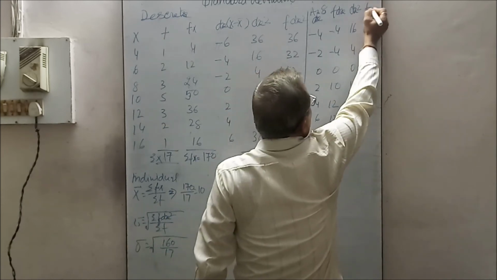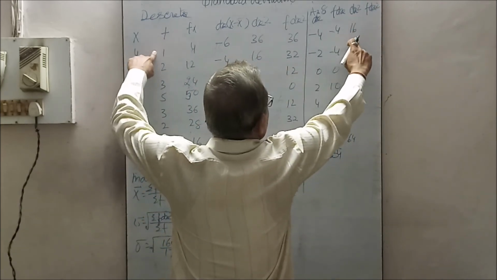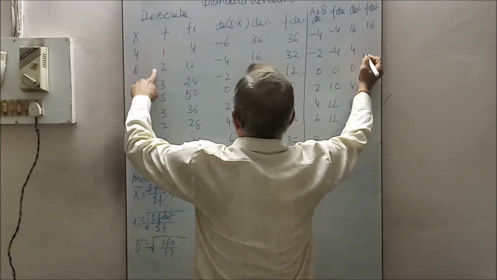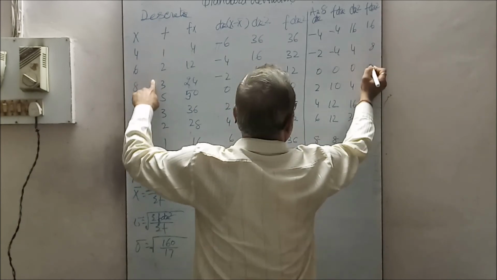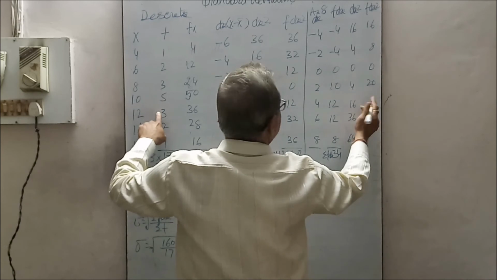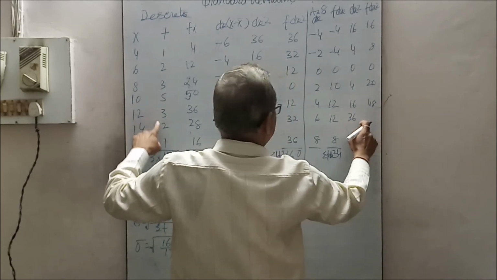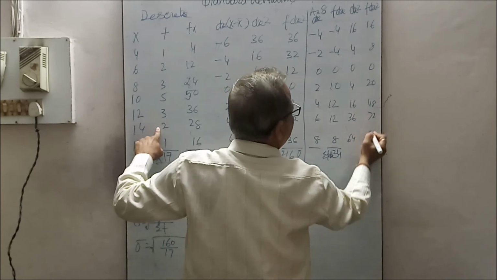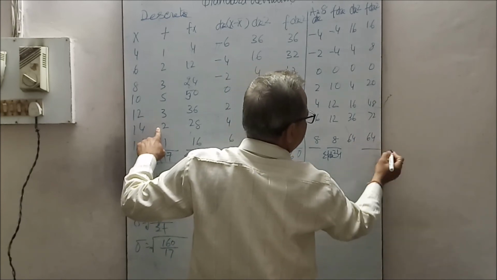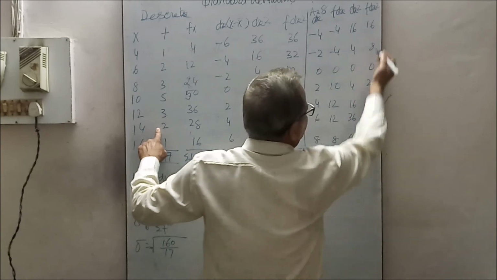Then f into dx square: 16, 8, 0, 20, 48, 72 and 64.